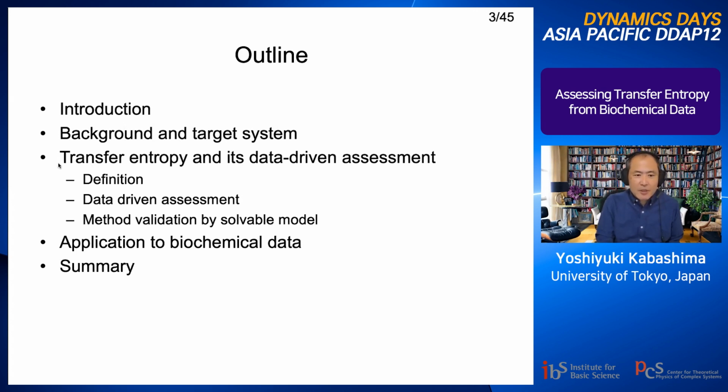I introduce the transfer entropy. What is the definition of the transfer entropy? And I present the developed method to assess the transfer entropy from the data. And we applied our method to some real biochemical data and conclude with summary.